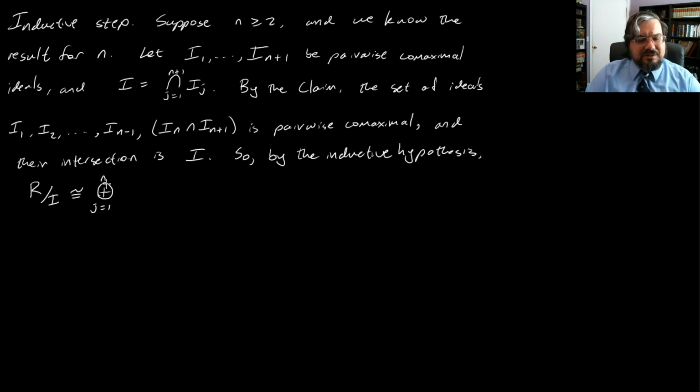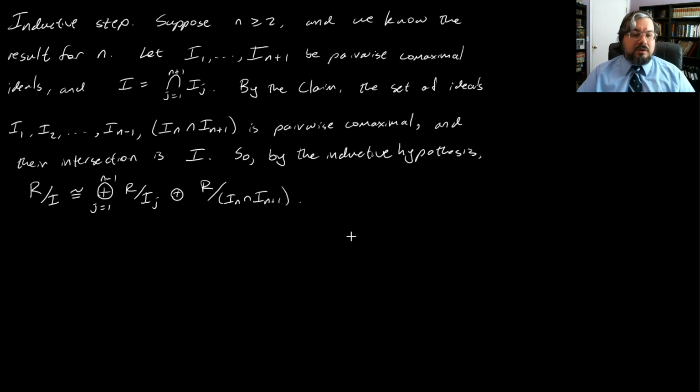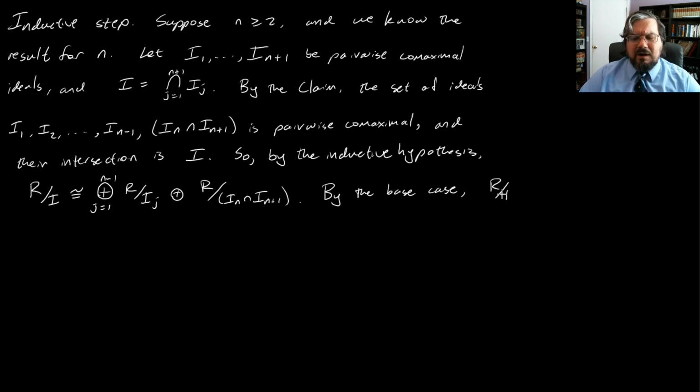So that's going to be the direct product from j equals 1 to n minus 1 of R mod Ij, and then the direct product with R mod In intersect I(n+1). All right. So now by the base case, actually, we have that R mod In intersect I(n+1) is isomorphic to R mod In direct product R mod I(n+1).